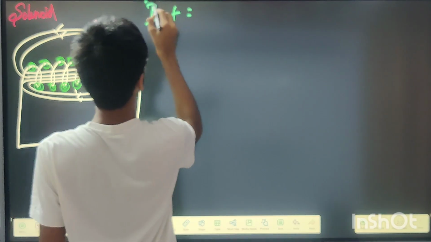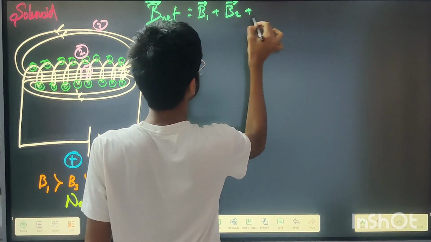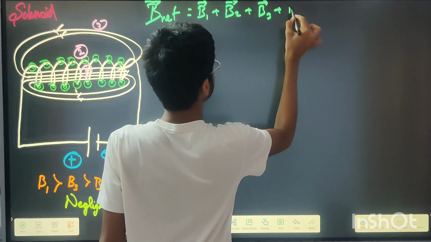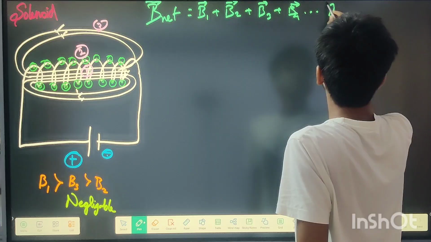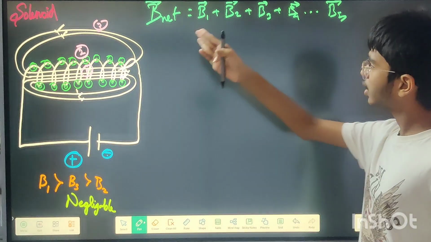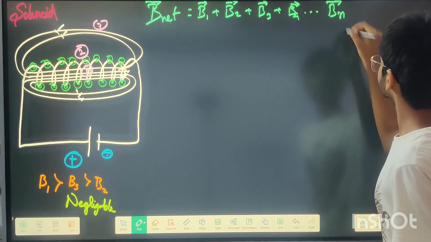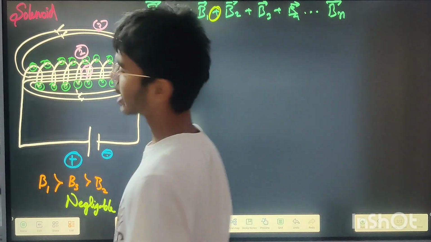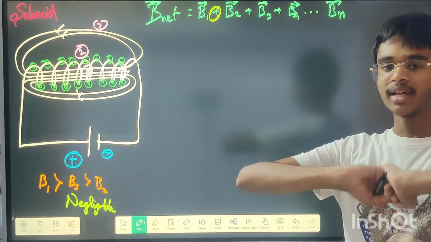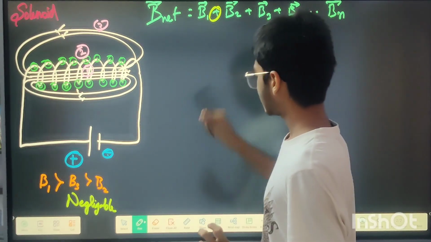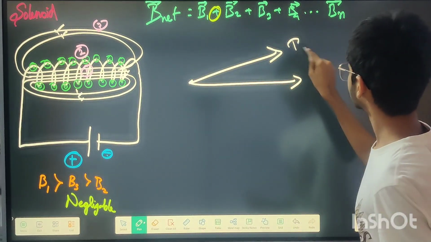B net vector is equal to B vector 1 plus B vector 2 plus B vector 3 and so on, depending on how many magnetic fields there are, so up to n. And the sign should be positive or negative as determined by their angles. For example, if B vector 1 is like this, and if B2 vector is like this.